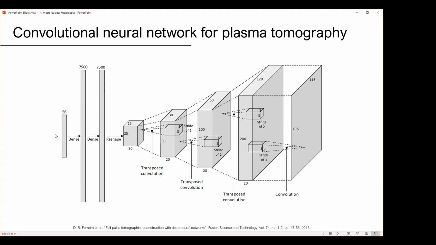As input, we're using the diagnostics data. We apply a couple of dense layers to pre-process those data. And then we apply a series of transposed convolutions in order to get an image as output. If you've seen generative models, you might have seen this idea of flipping the models around and using what's traditionally the output as input and the input as output.